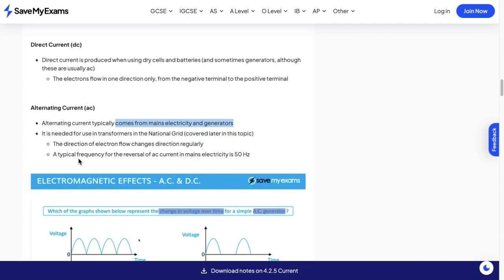Now, the direction of the electron flow changes direction regularly. A typical frequency for the reversal of AC current in the main electricity is 50 Hz. We did this in our previous class when we took on transformers. Most countries use 50 Hz as the frequency of transmission.